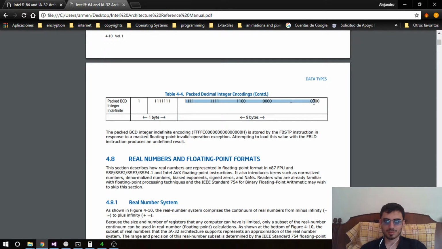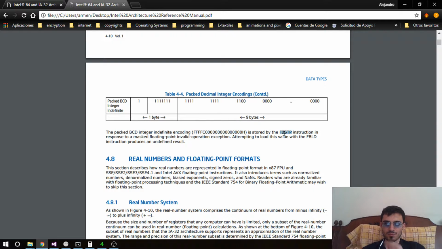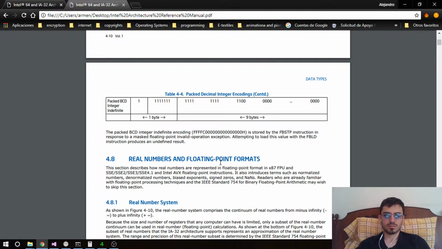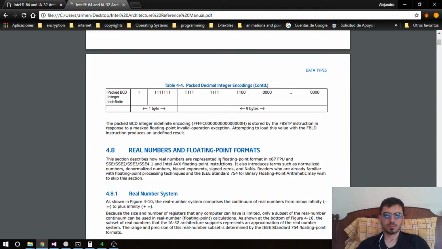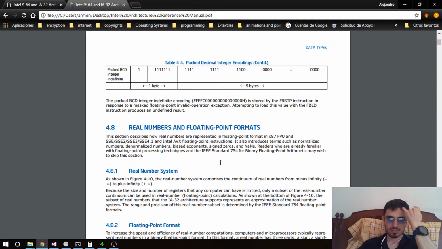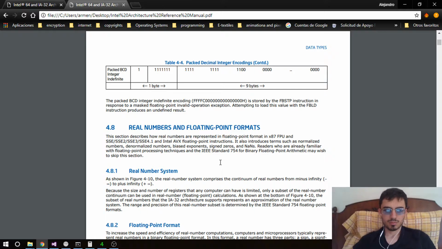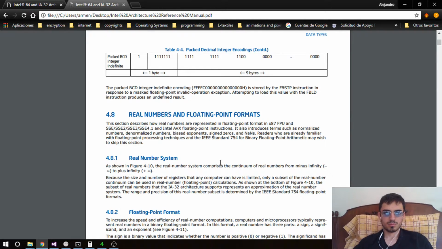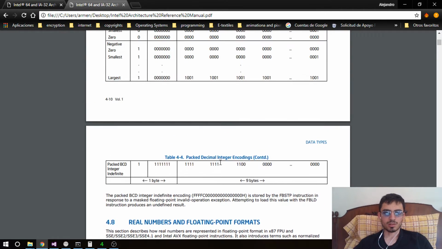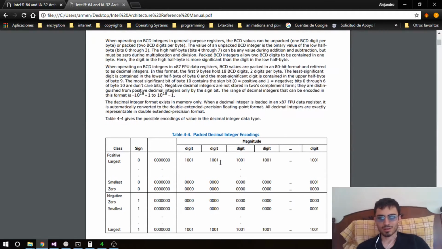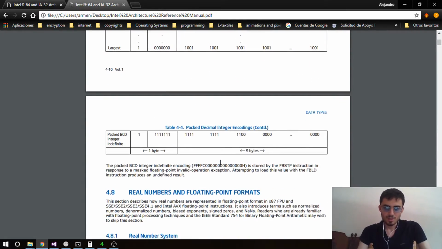So basically this is this. FBSTP. Okay, I know it's kind of crazy, these BCD numbers, but probably there's a reason for it.